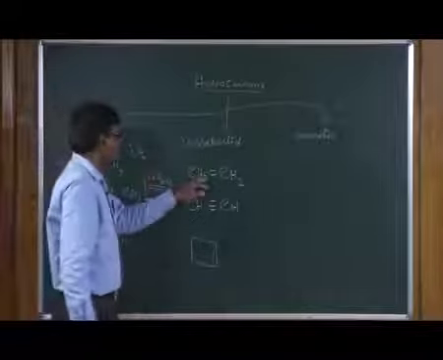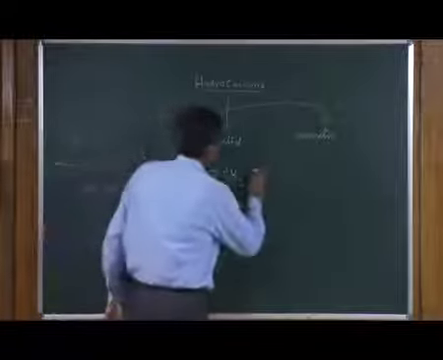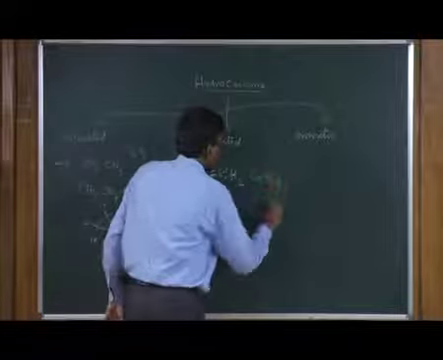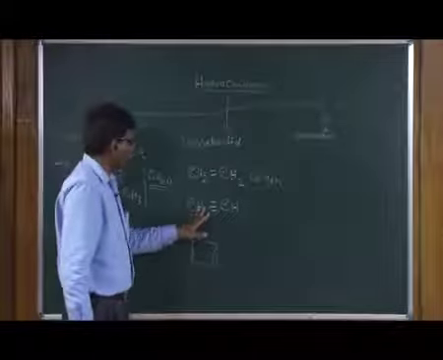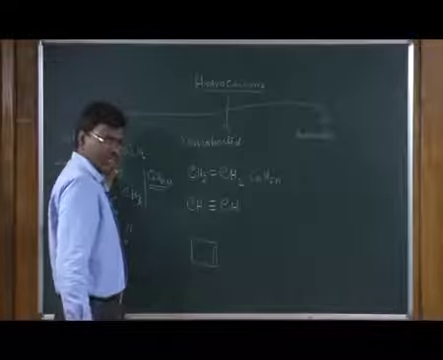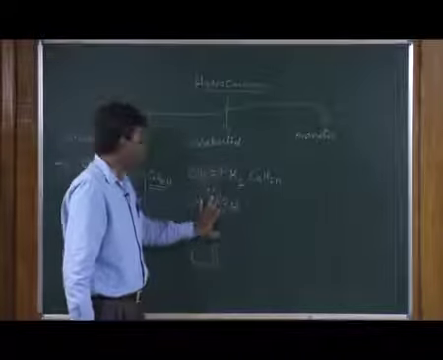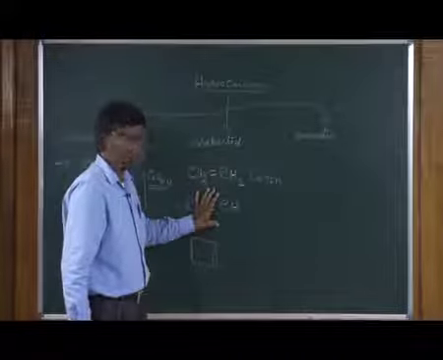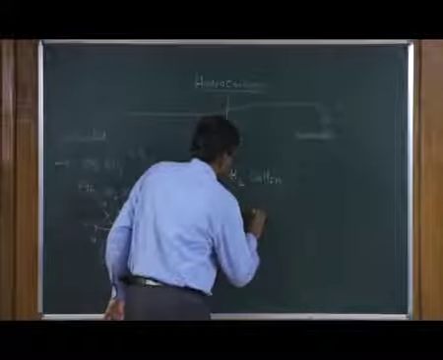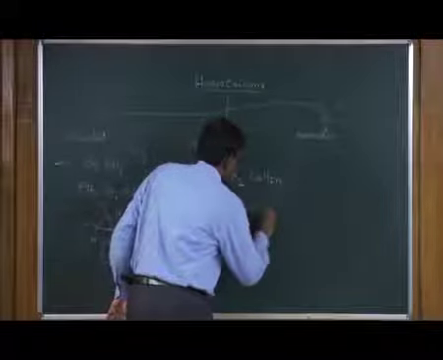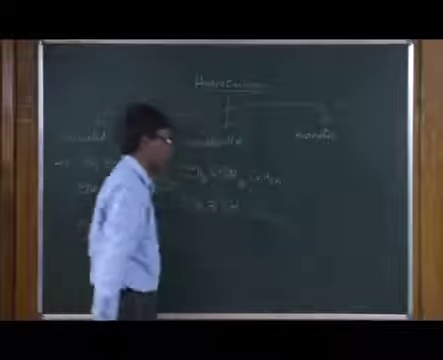If you compare these two, this compound has 2 hydrogens less, and they have the common formula CnH2n. And this compound has 4 hydrogens less compared to the alkane, and 2 hydrogens less compared to ethylene. This is a more unsaturated hydrocarbon. This is called ethylene and this is called ethane. They have the common formula CnH2n-2.